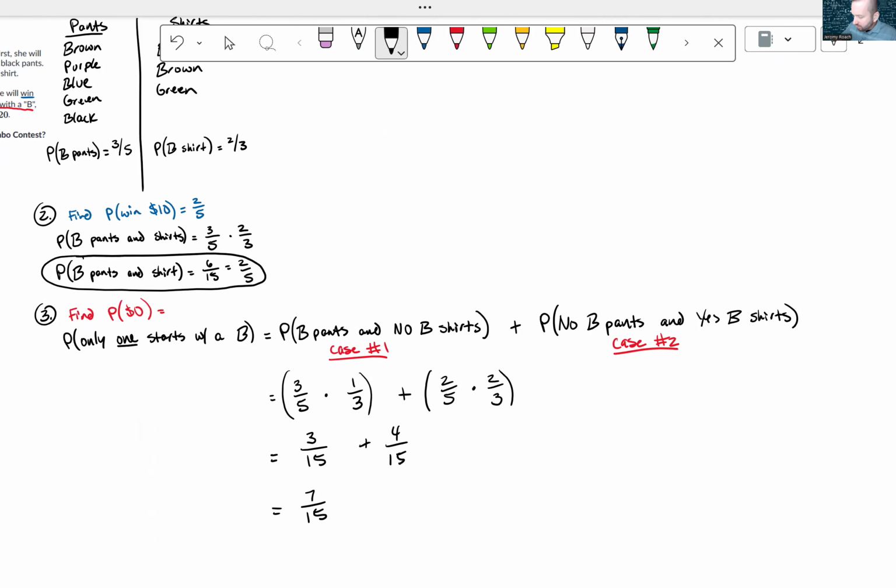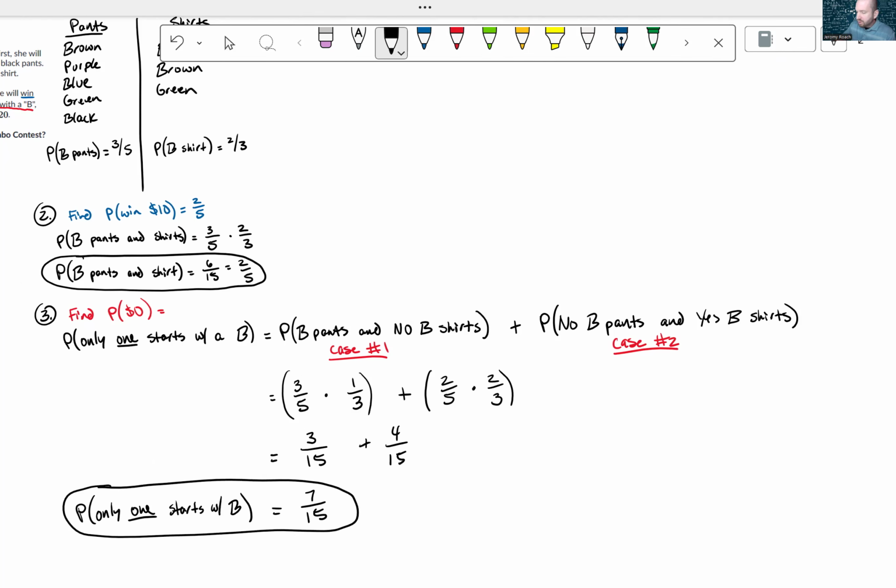And this is the probability that only one, either the pants or the shirt, starts with the letter B. And when that happens, she breaks even or makes or loses $0. That's the same thing. 7/15.